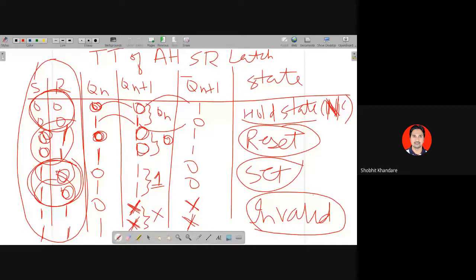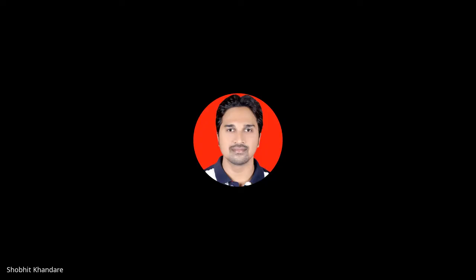Now before I wind up, this truth table is okay. Please underline this properly or give somewhere asterisk, 5 times asterisk. बच्चों को ये important है, ये confusion होता है. This truth table is valid.